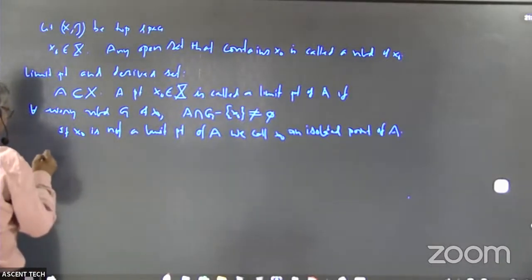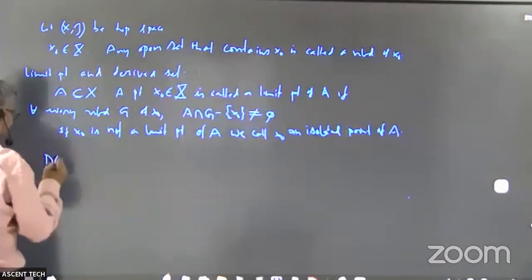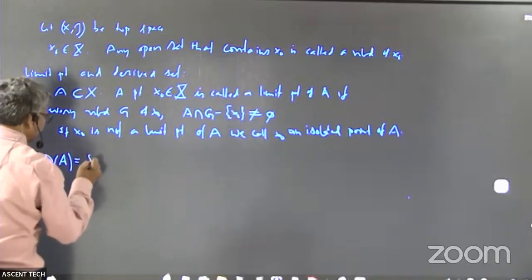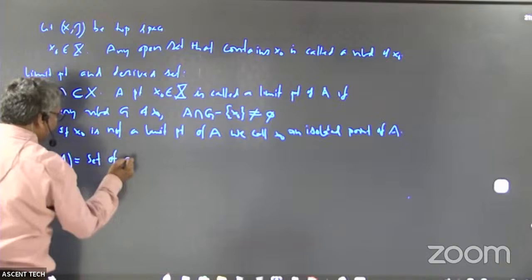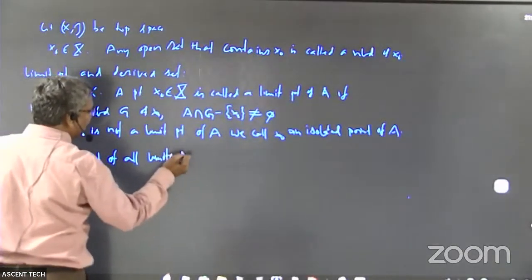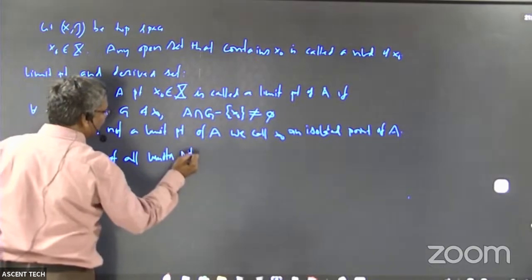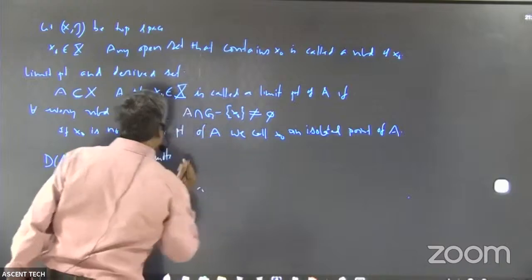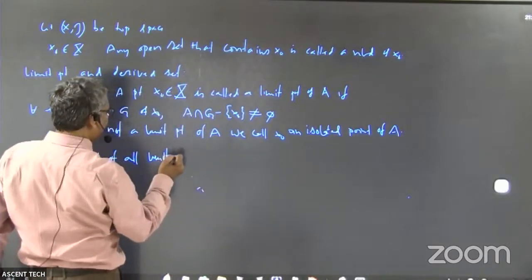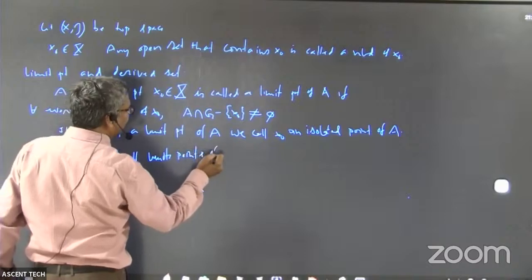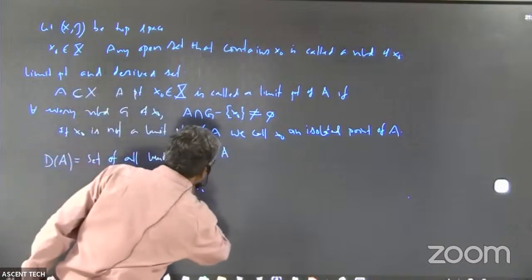Given any set A, dA is the set of all limit points. This is called the derived set of A. This is the set of all limit points of A.